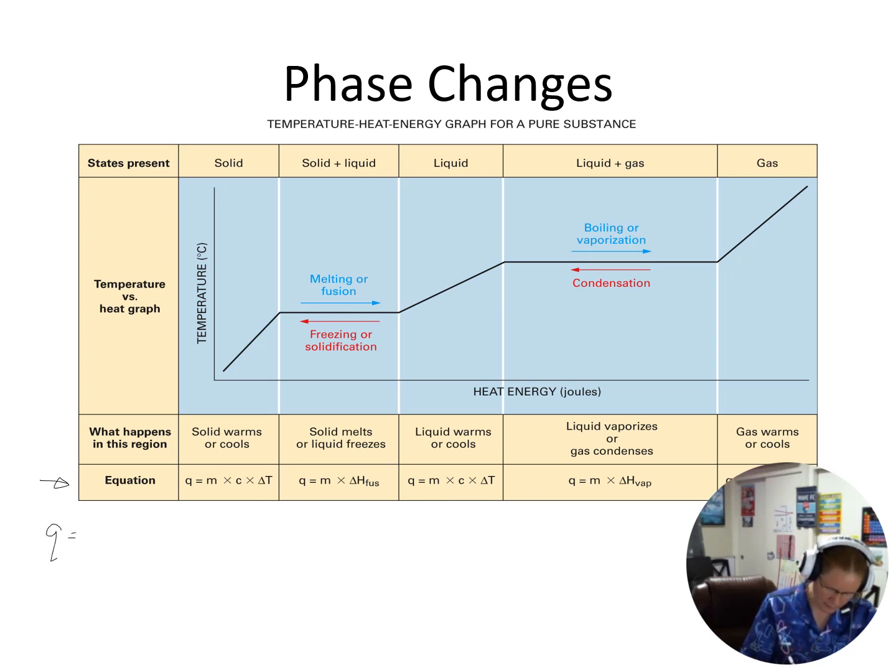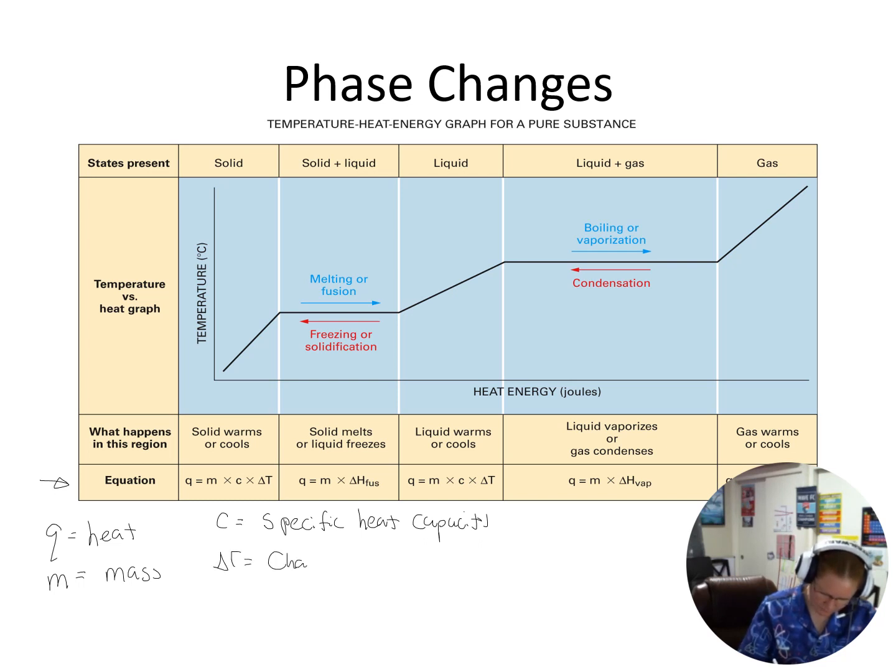Q is my heat, m is mass, c is the specific heat capacity, and delta T is the change in temperature. And then I have some delta H values. I have delta H of fusion and delta H of vaporization. Delta H is enthalpy.